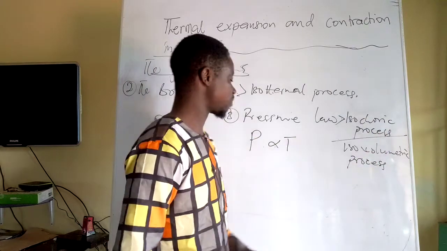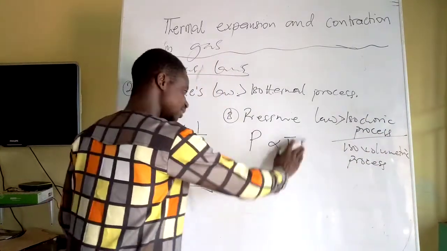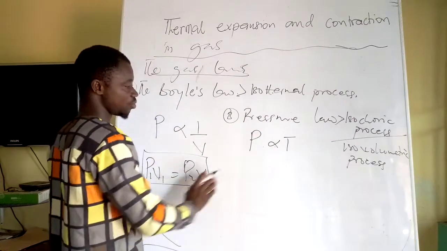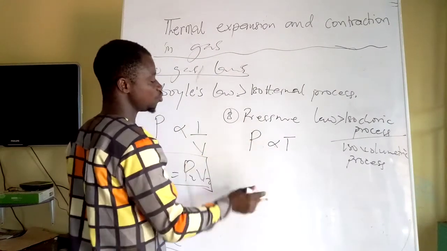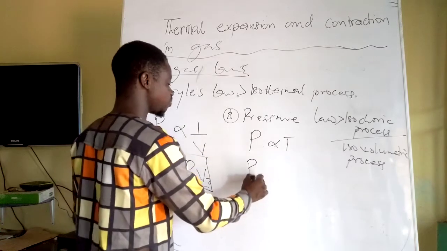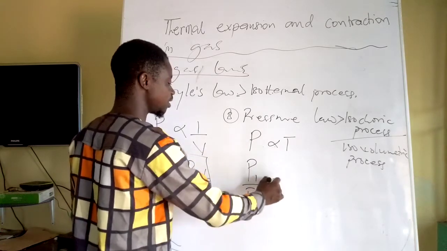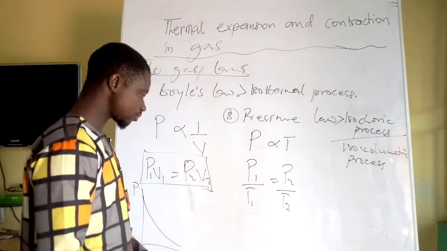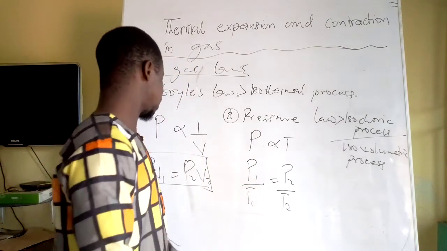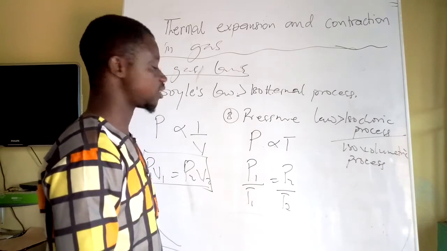Just like we did for the Charles law, when we manipulate this, we introduce a constant and then we do it for two processes. We finally get P1 over T1 is equal to P2 over T2.